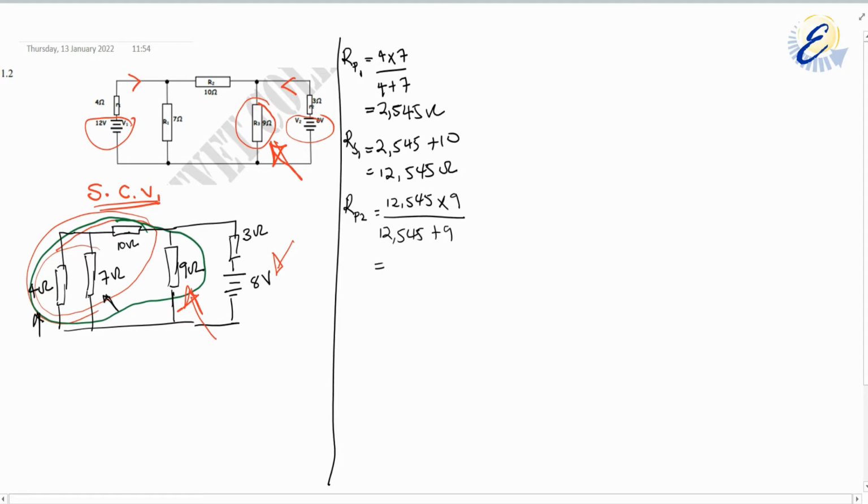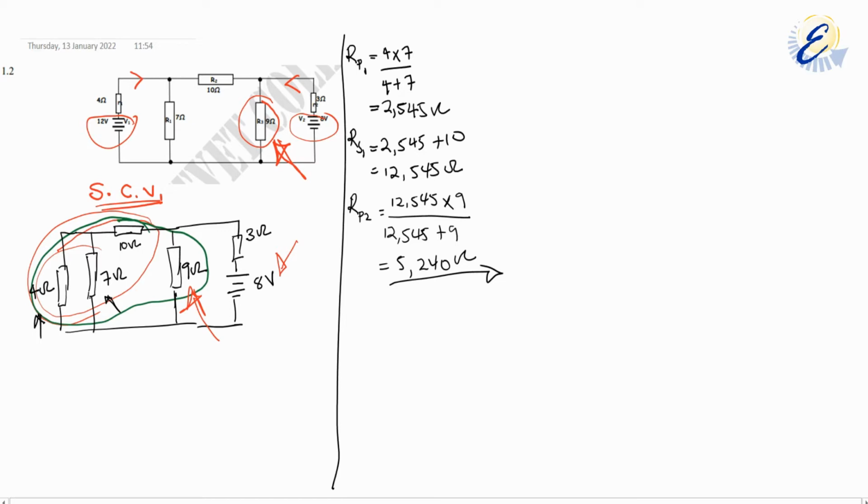This should give us 5.240 ohms. This is our RP2.